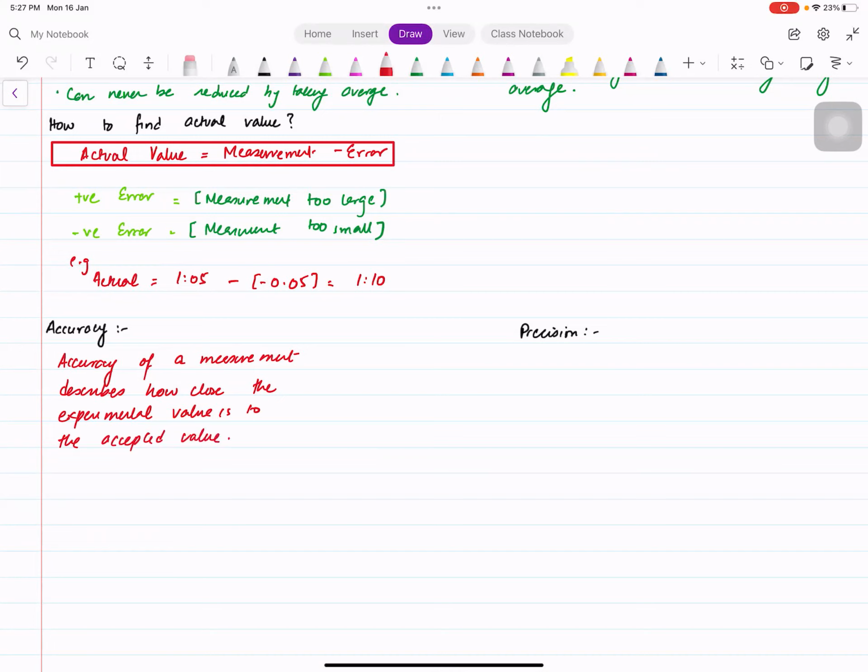So, what I mean by this is that you have 9.81 meters per second squared as the accepted value of acceleration due to gravity, right?